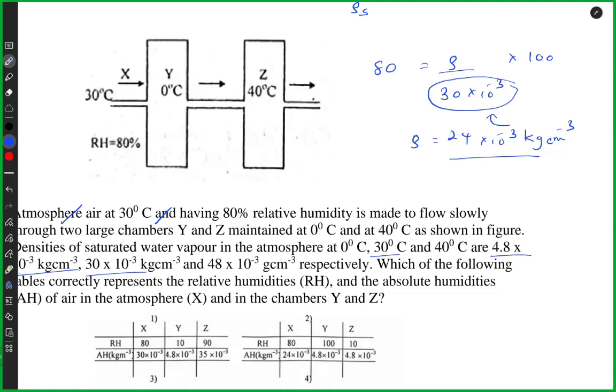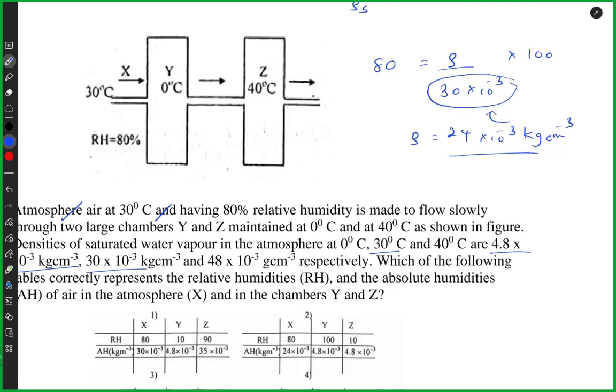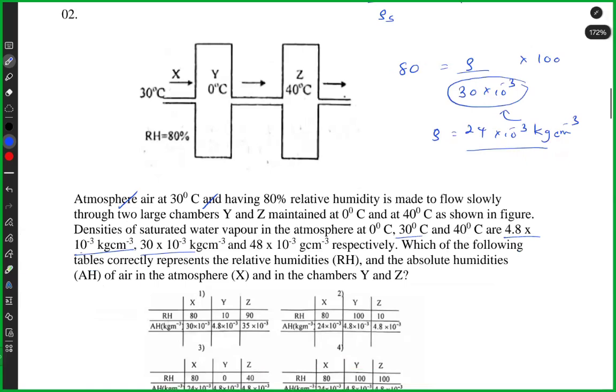That's going to be 24 times 10 minus 3, right? Is that clear? Then this is more than the requirement to saturate room Y, because room Y is at 0 degrees Celsius. To saturate room Y at 0 degrees Celsius, I only need 4.8 times 10 minus 3, but I'm bringing 24 times 10 minus 3, which means I have excess.